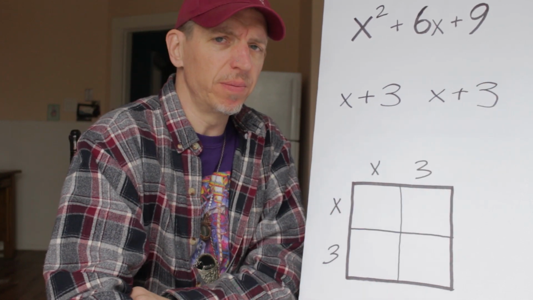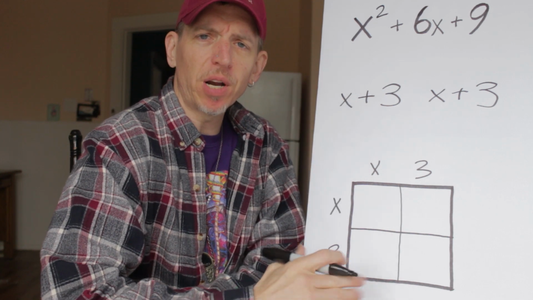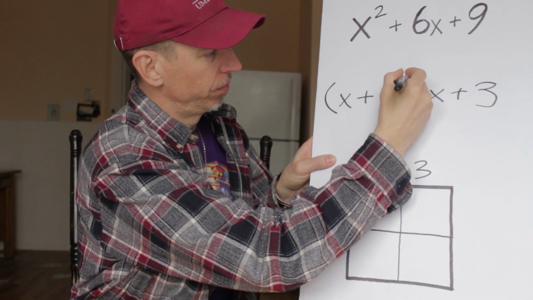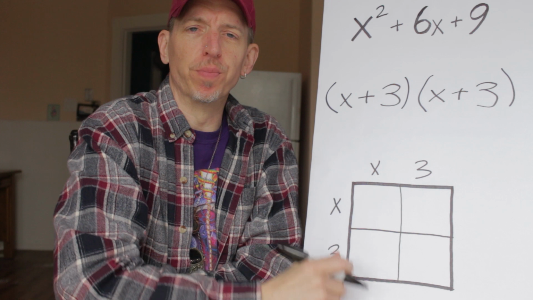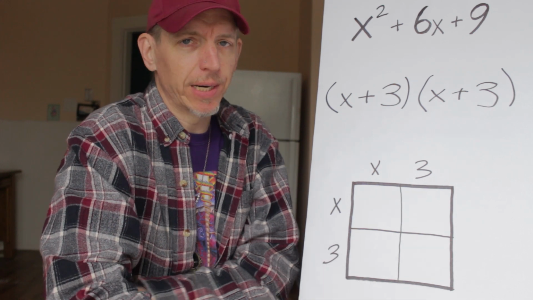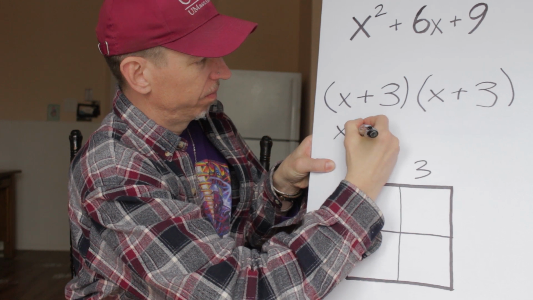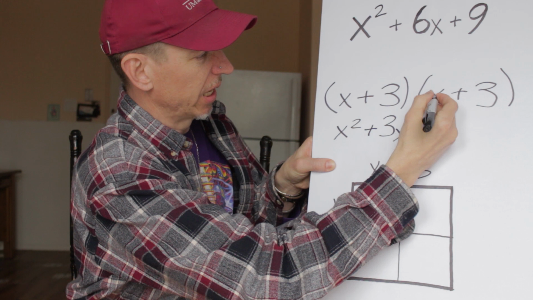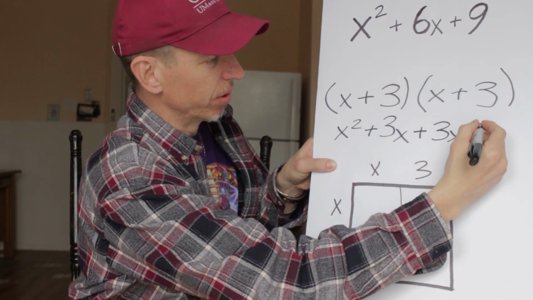Now you may remember about how since this expression up here is a trinomial, it's probably going to split up into two binomials. Well, there go them two binomials. And just so you ain't got to take it on faith, x times x, x times 3, x times 3, 3 times 3.